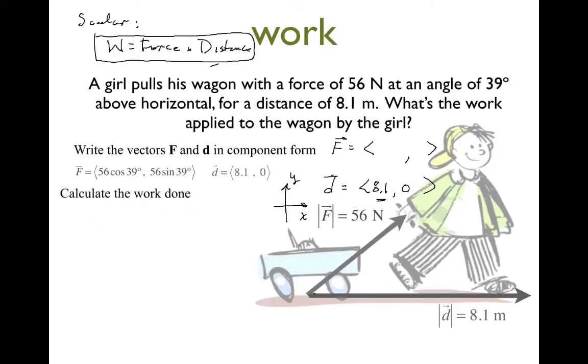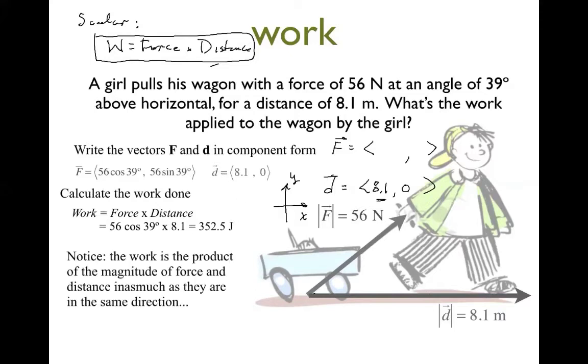So to calculate the work done, we can use the scalar version now: 56 cosine 39 degrees times 8.1 meters. So just take the amount of horizontal force times the horizontal distance using our scalar formula, and we get 352.5 joules.